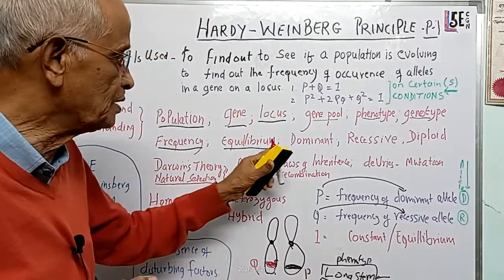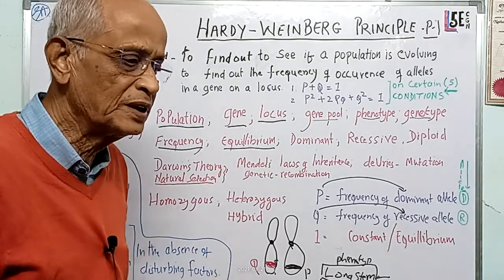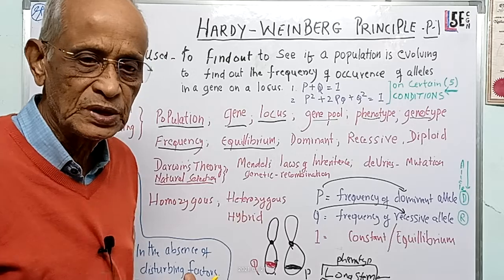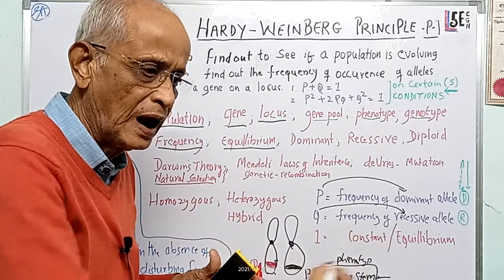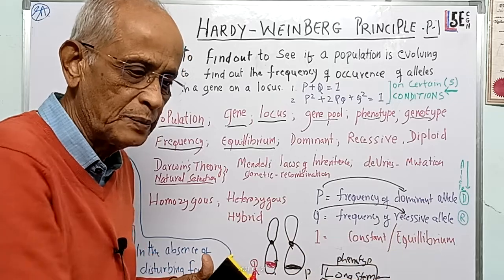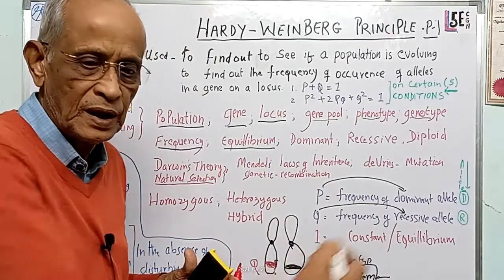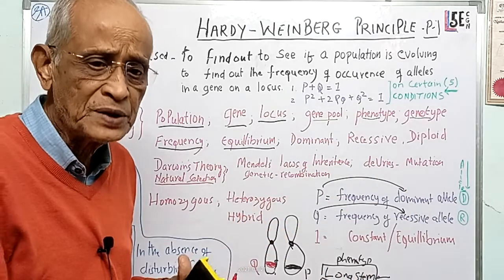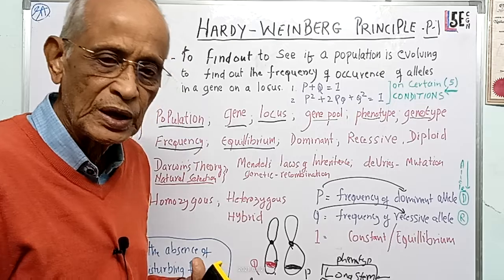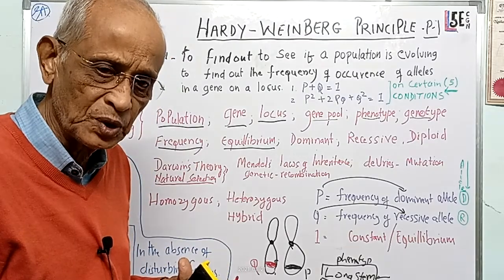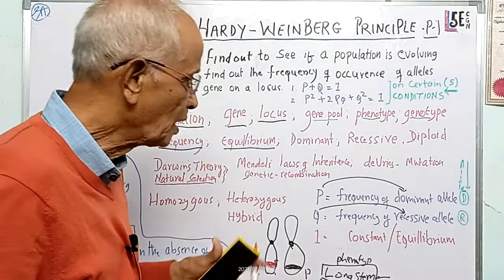And then dominant, you already know, dominant is one of the traits that will appear and reappear in many generations or progenies. That is a dominant character. For a dominant character to appear, there must be dominant genes. If there is even one dominant gene, the phenotype will be long or yellow.